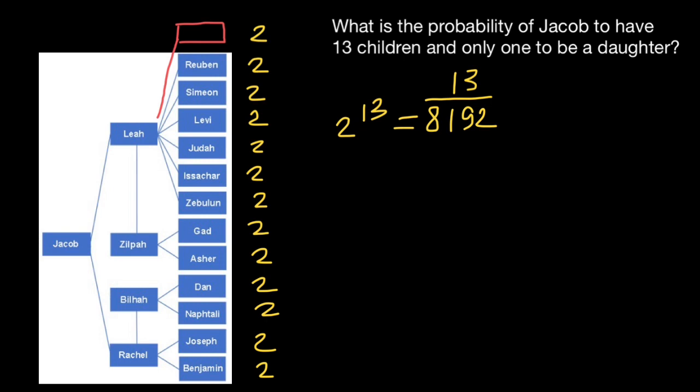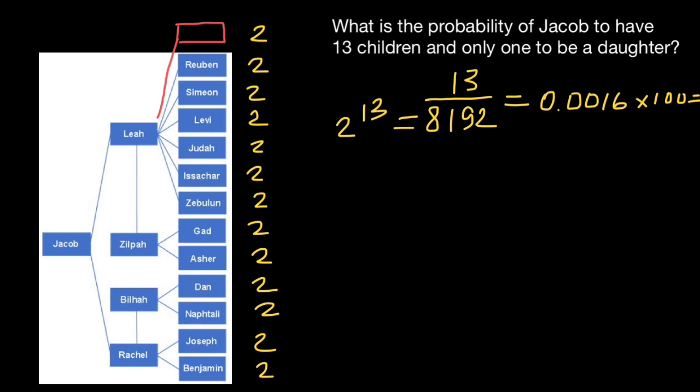So the correct answer is going to be 13 over 8,192. If you need an answer as a decimal number, we have to divide 13 by 8,192, and we are going to get 0.0016. And if you need an answer as a percent, we have to multiply our answer by 100.